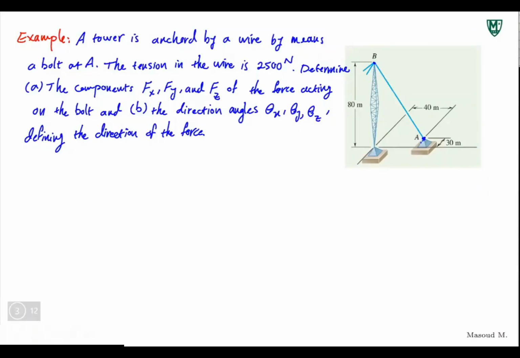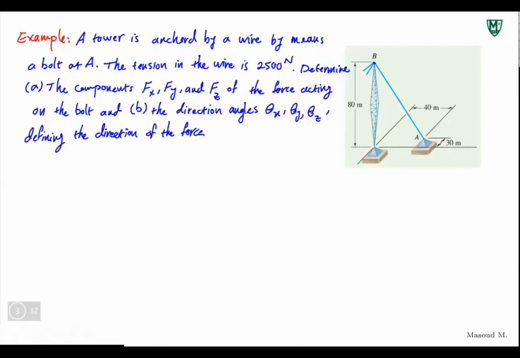So if this cable is trying to pull this bolt out of its place, because the bolt is not coming out and is in static equilibrium, the bolt is applying a force in the opposite direction, right?